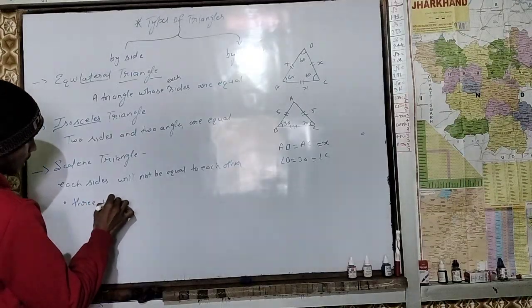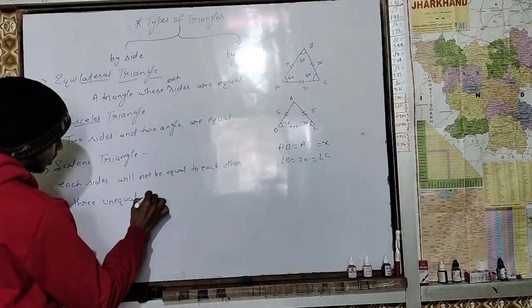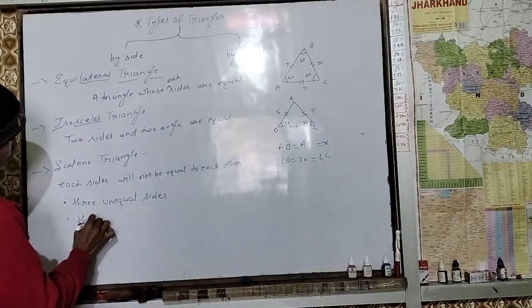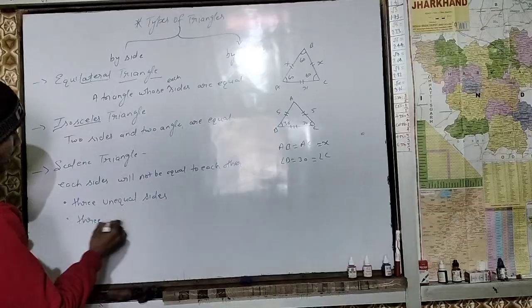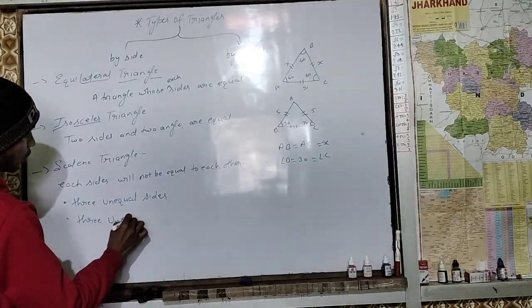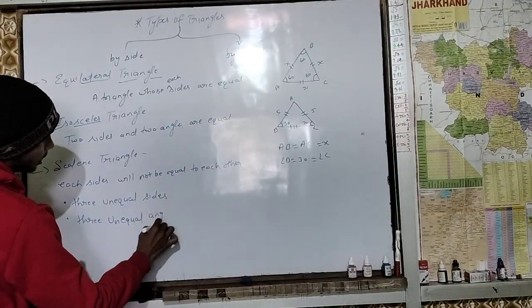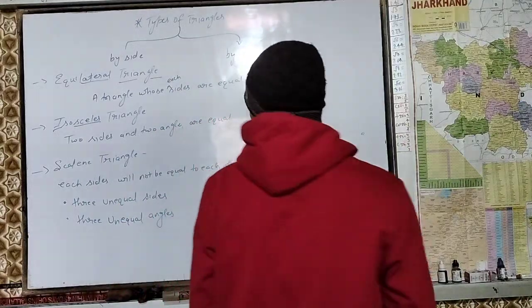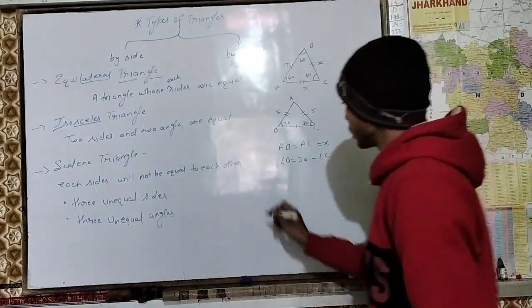Three unequal sides. You can say three unequal sides means three unequal angles. Okay.